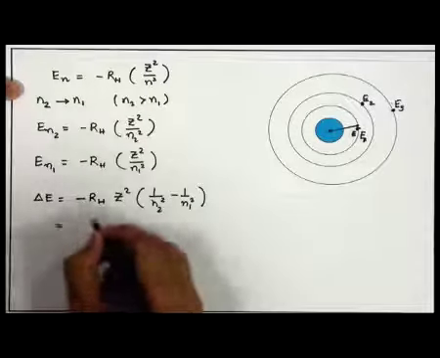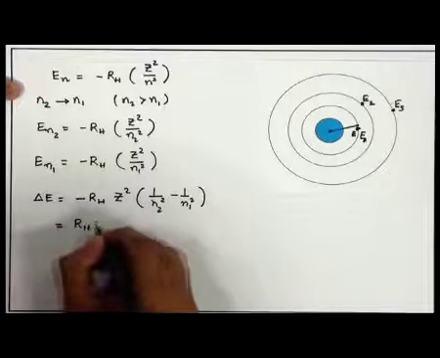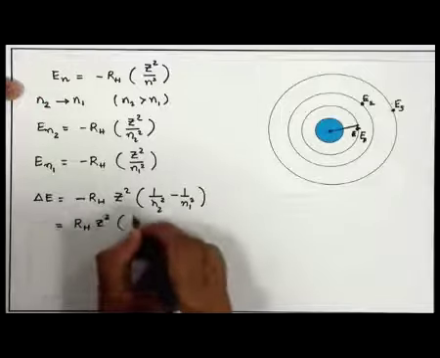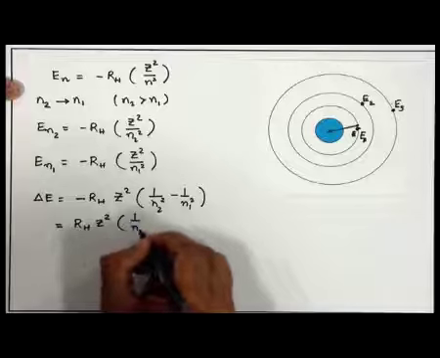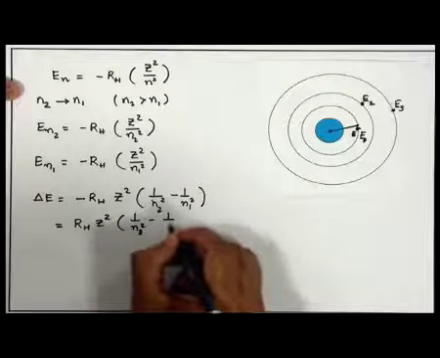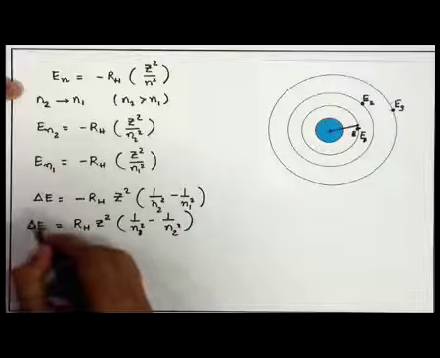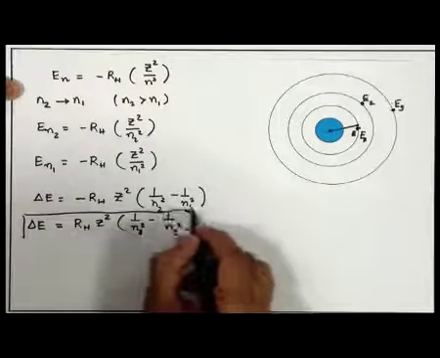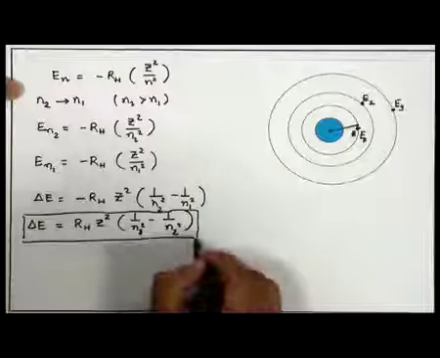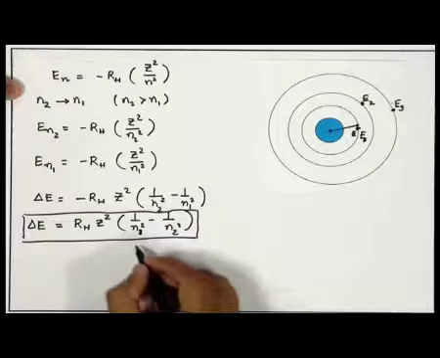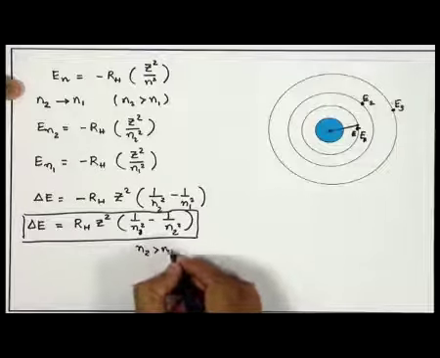I can rewrite this equation in the following manner. This is the delta E that we get, where n2 is greater than n1.